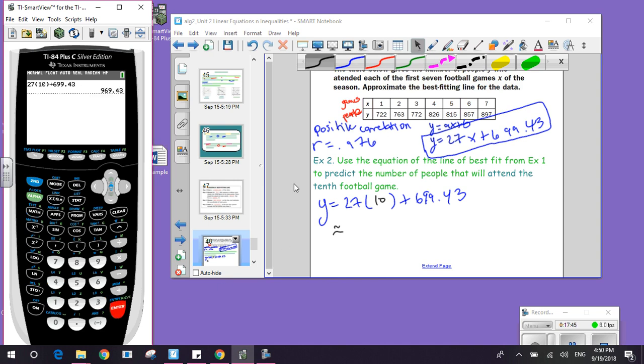So about 969 people should attend game 10.